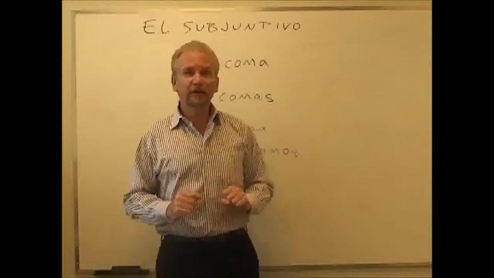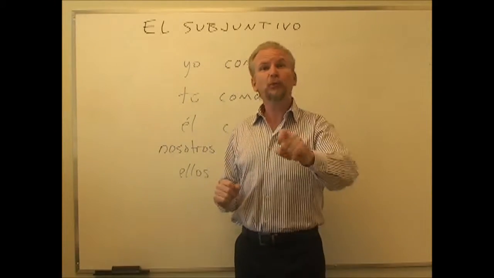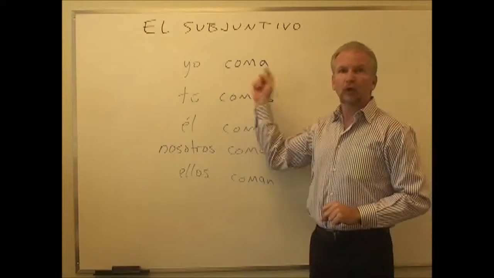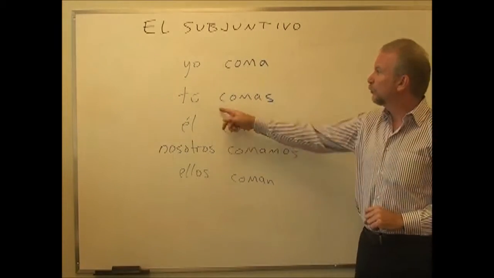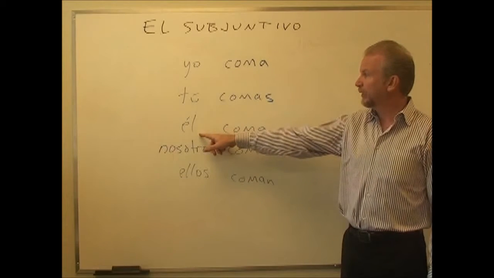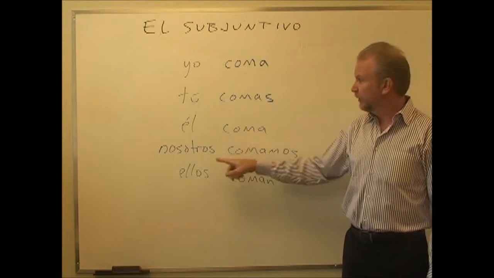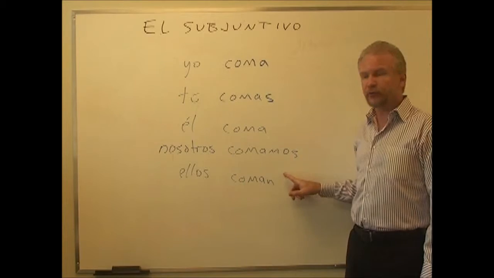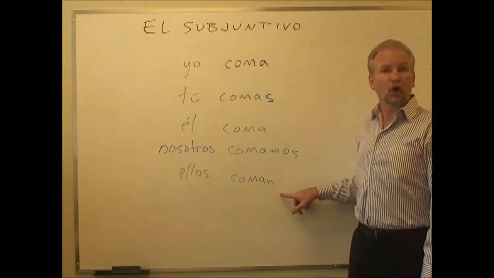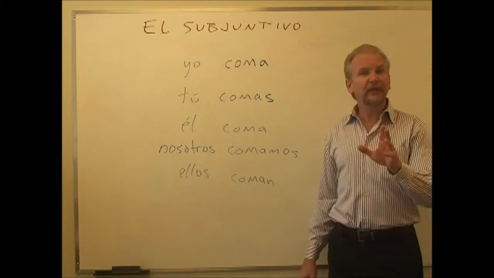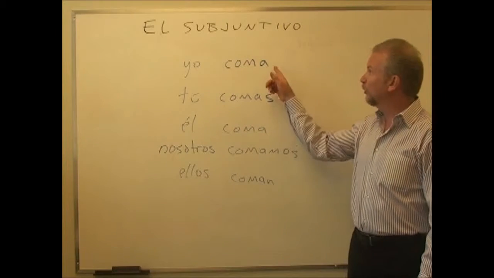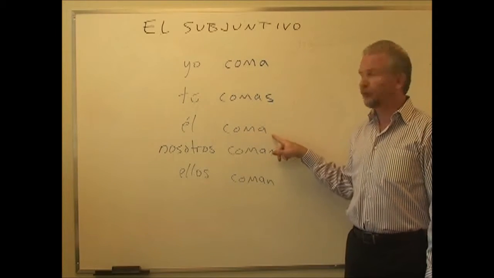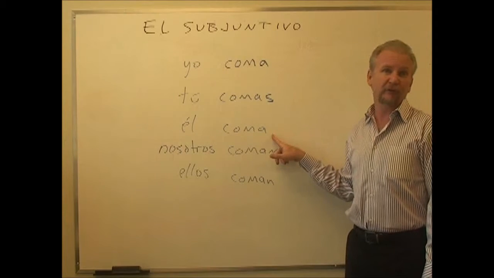Now we've got the ER verb conjugation en el subjuntivo. Yo coma. Tú comas. Él, ella y usted coma. Nosotros comamos. Ellos coman. So again, we're taking the E, we're switching it for an A, and the yo form also is written similarly to the él, ella, and usted form.